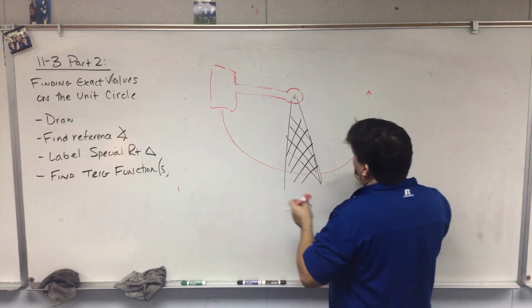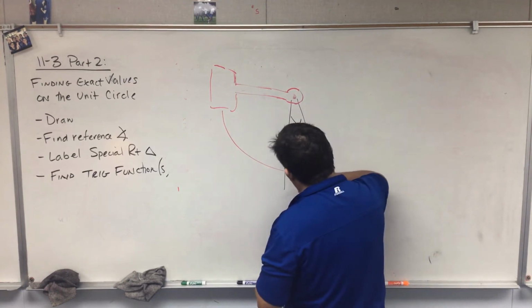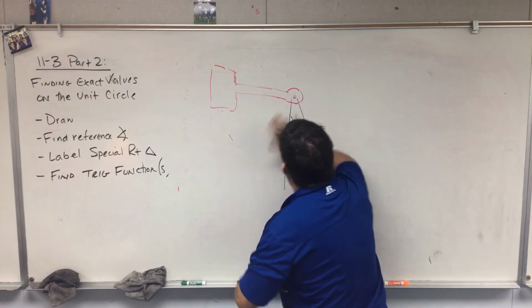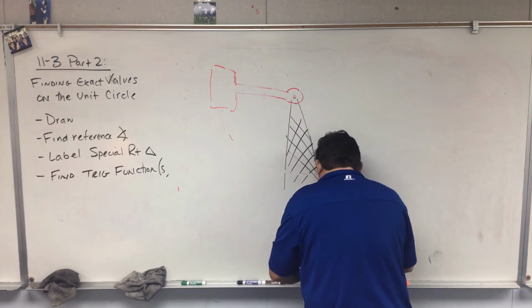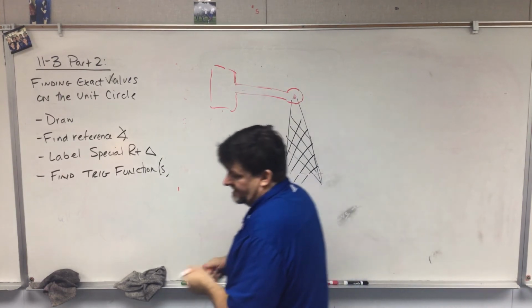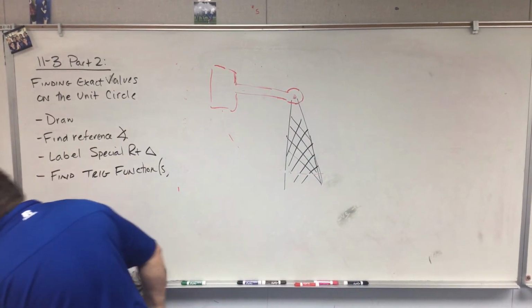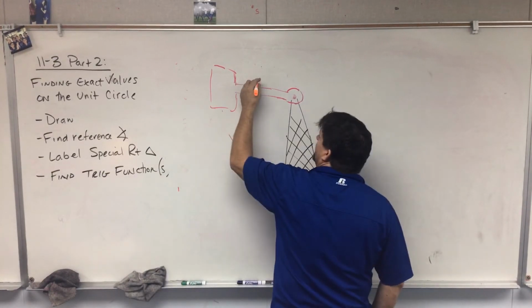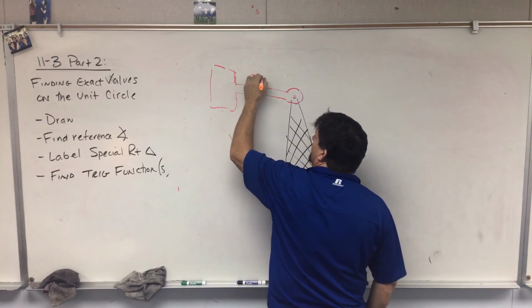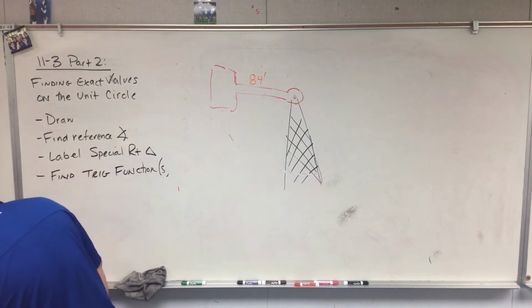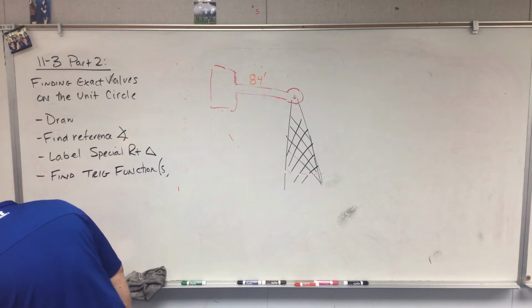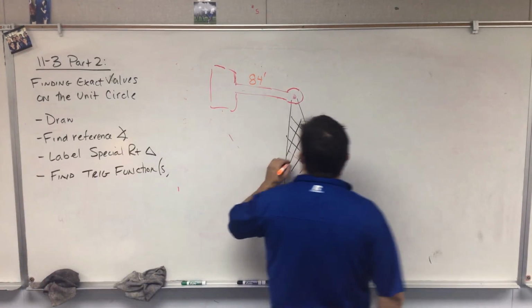So they give us some pieces of information about this. I'll just draw a line through here. They tell us the arm is 84 feet. They tell us that it is 97 feet tall here.